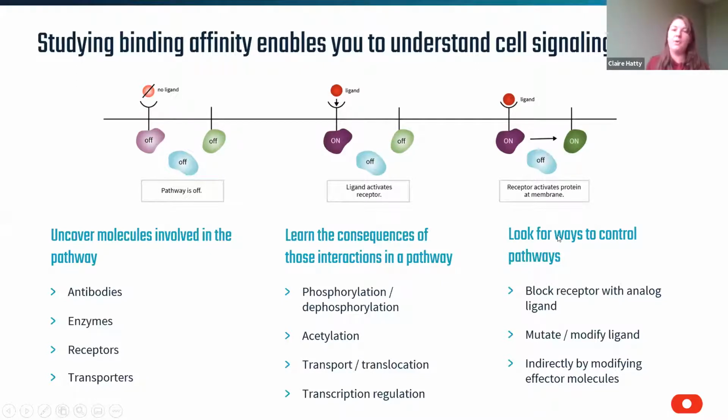Finally, we might want to look for ways to control those pathways, which is usually the aim of a drug discovery project. So we might want to block a receptor with an analog ligand, to mutate or modify a ligand, and to indirectly modify effector molecules.